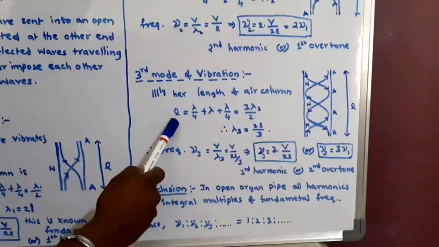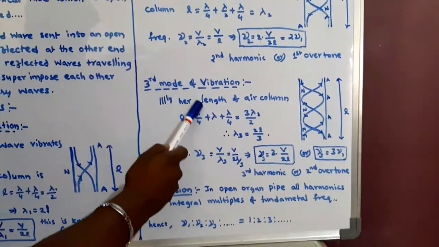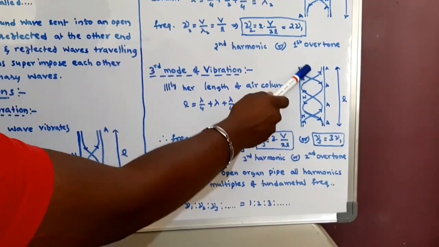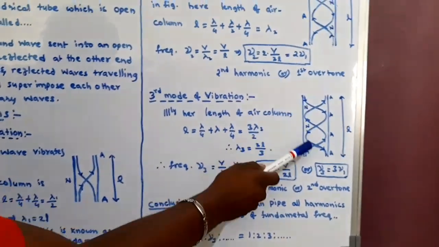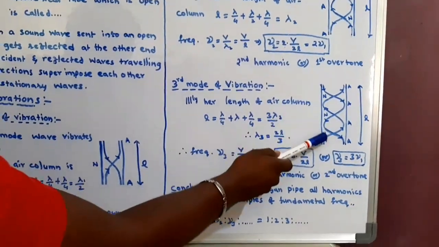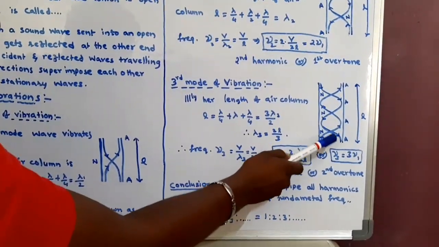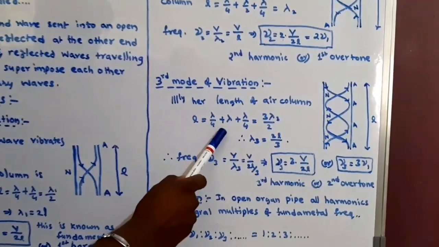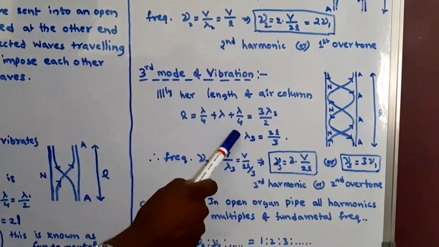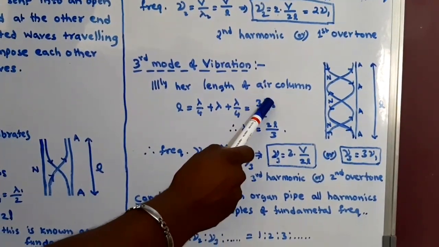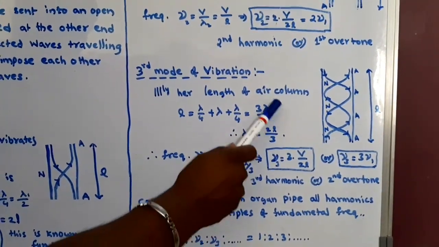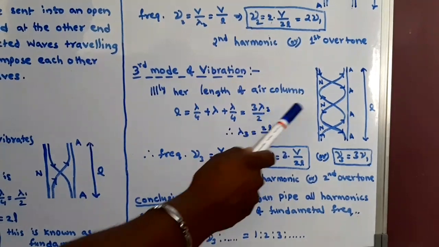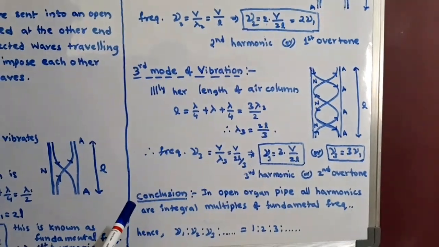Air column length L is equal to lambda by 4, this is lambda by 4, and this is lambda, a complete wave from here to here, and one more lambda by 4. So lambda by 4 plus lambda plus lambda by 4 is equal to 3 lambda by 2. But I will mention it as lambda 3 because it is the third mode of vibration.